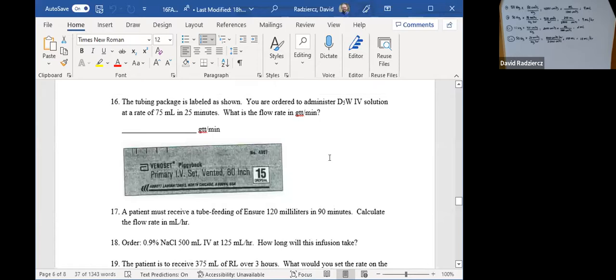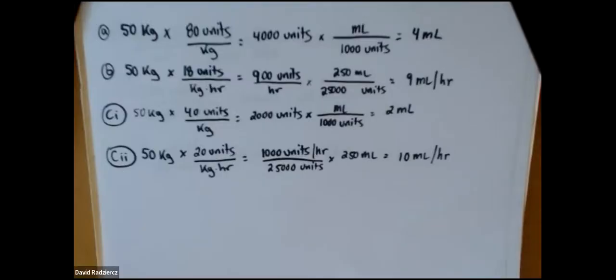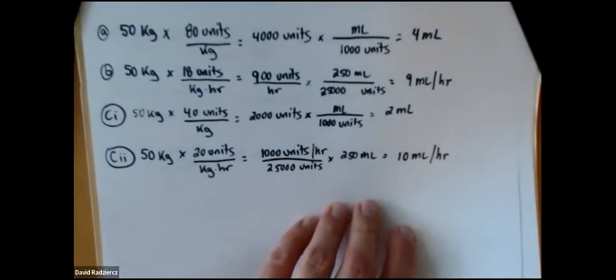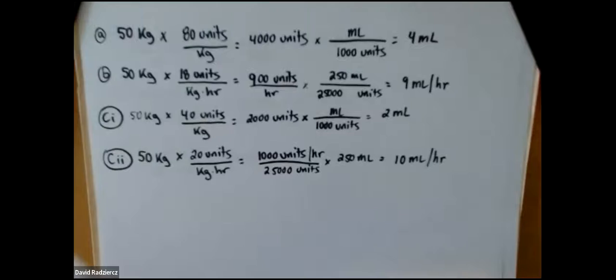On the last few questions here about flow rate, there's a couple things you need to know. I'm going to pull up my screen here. The first thing you need to know is what in the world flow rate means.